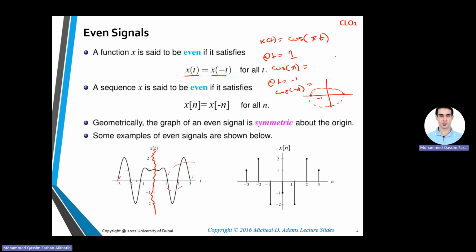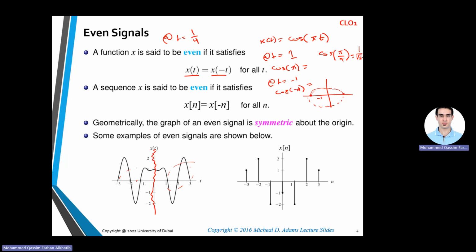At t equal 1 over 4, so I have cosine of pi over 4. How much? It's 1 over square root of 2.